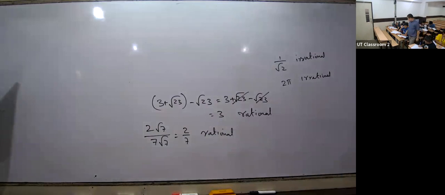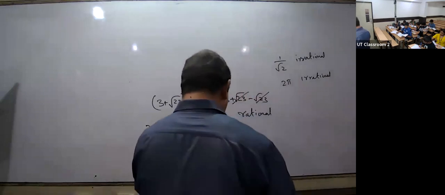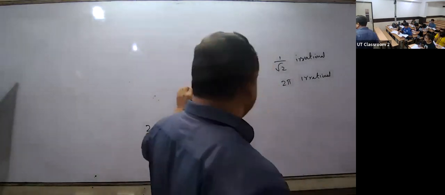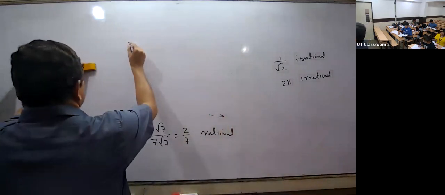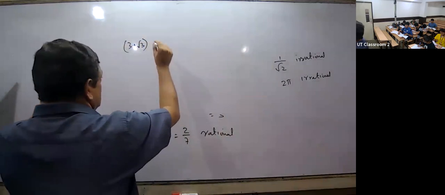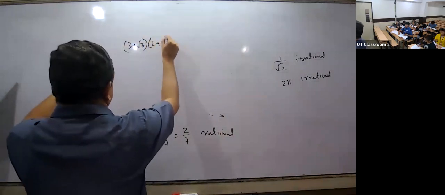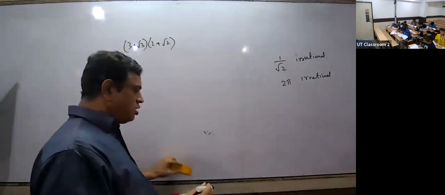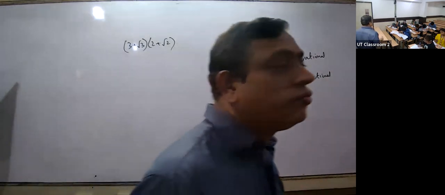Second question. Good. Read now. Simplify each of the following. First question, read. 3 plus root 3 times 2 plus root 2. This is the way. So how do you simplify? We remove the bracket.